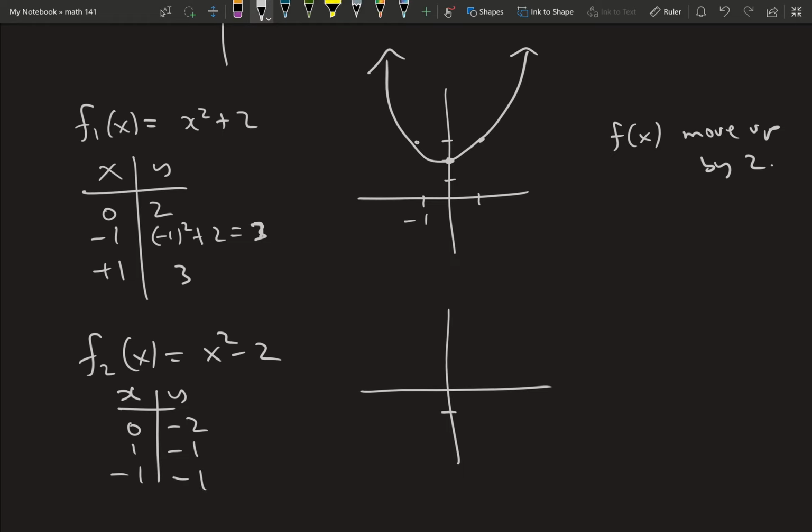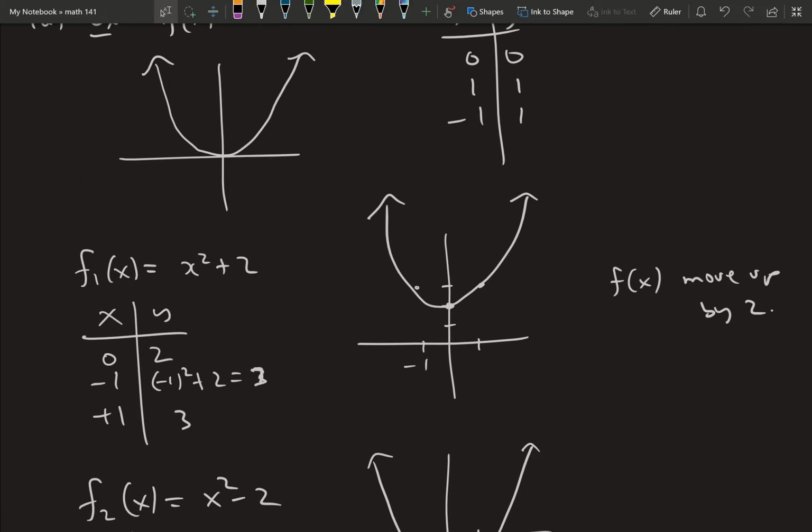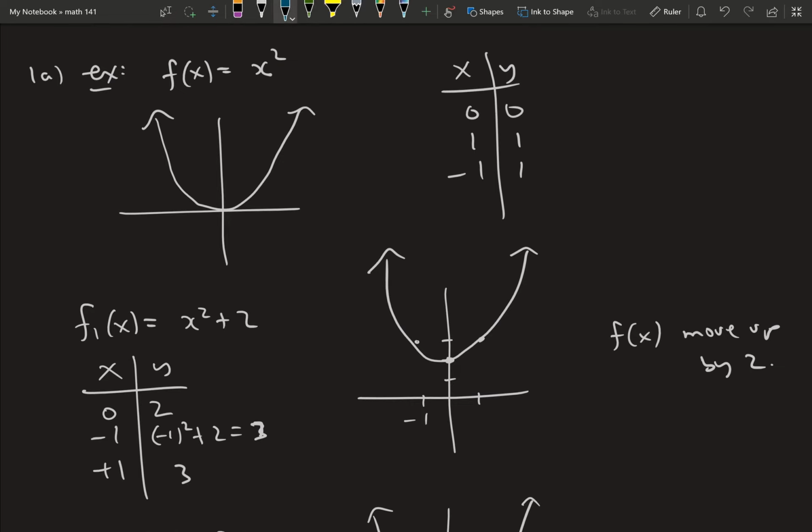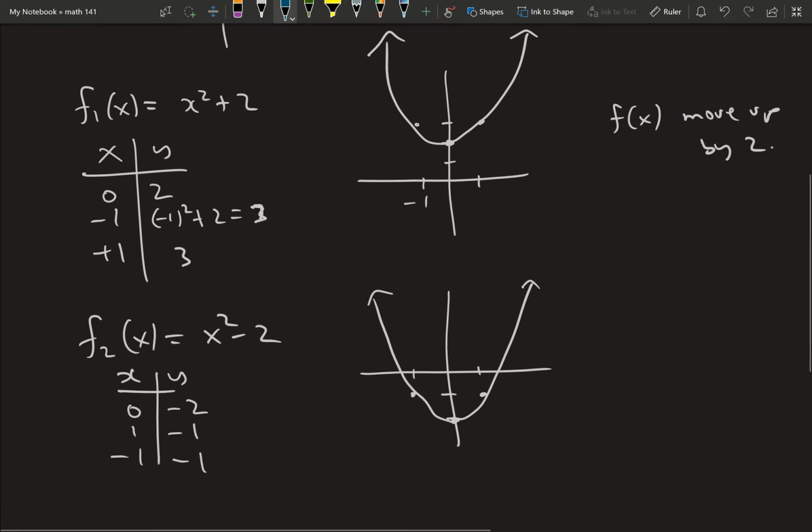So we would have 0 minus 2, 1 minus 1, negative 1 minus 1, and the graph would look something like this. And this is simply the original f of x graph. Let me label this with a blue pen so that it's a little bit different. So this is f of x moved down by 2.